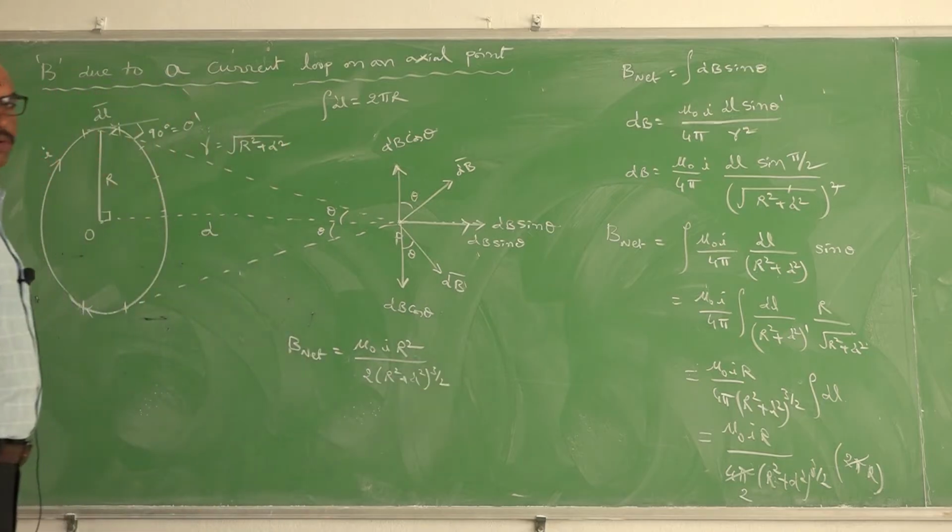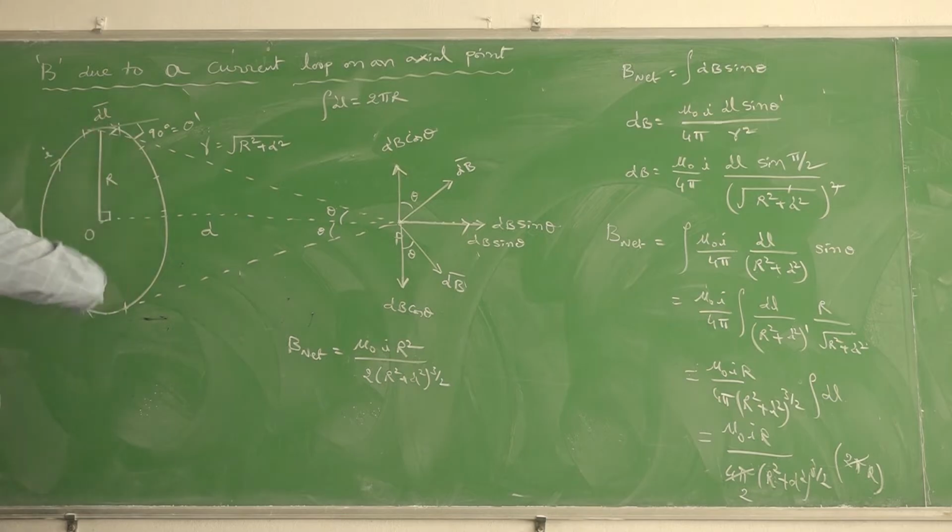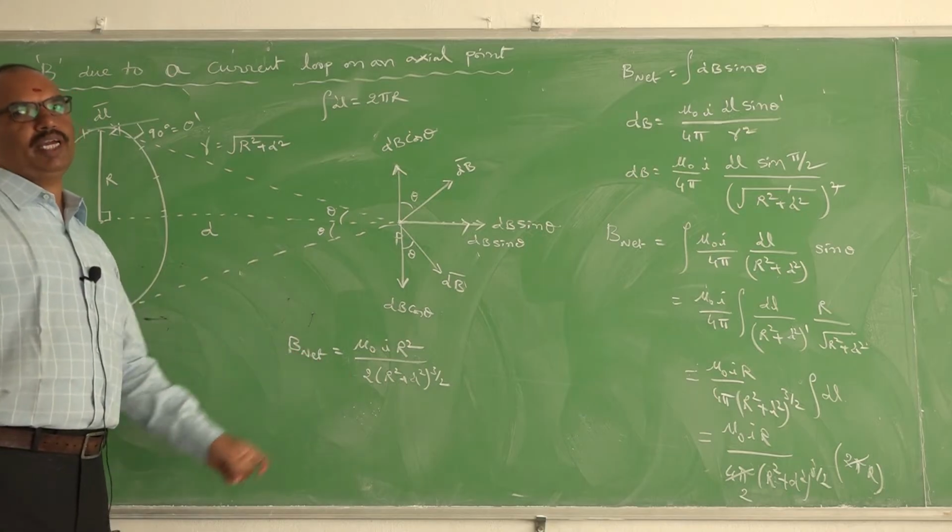If suppose there are n turns in this loop, every turn is providing a magnetic field of this much magnitude.